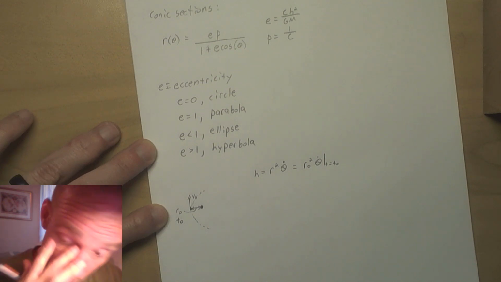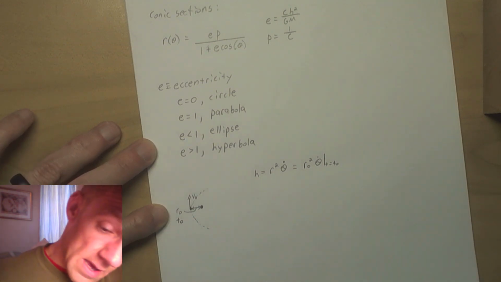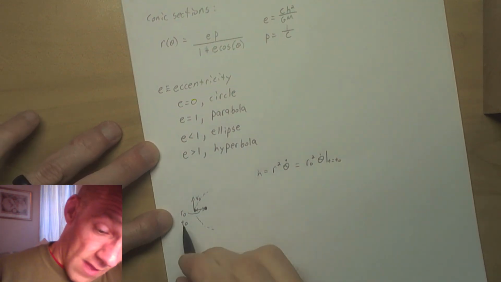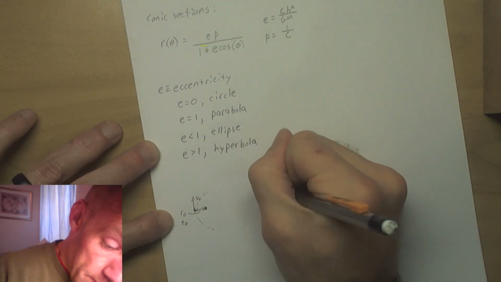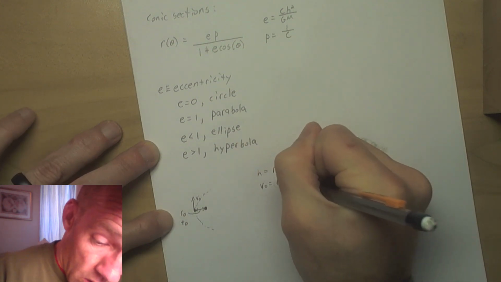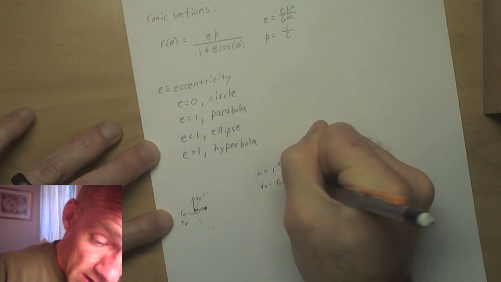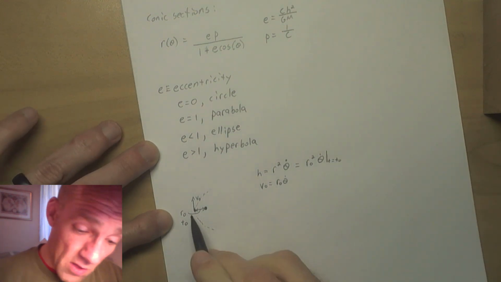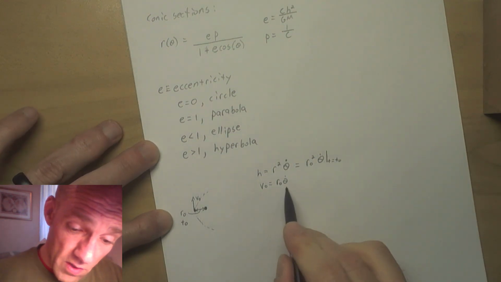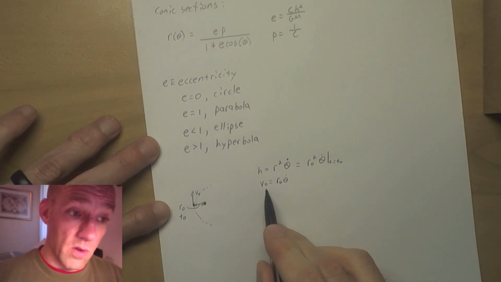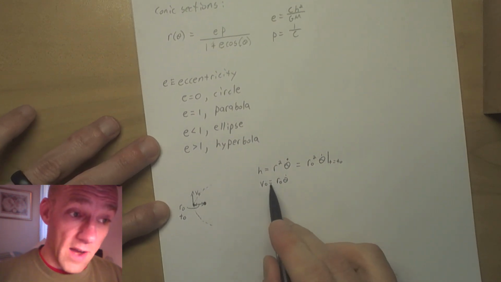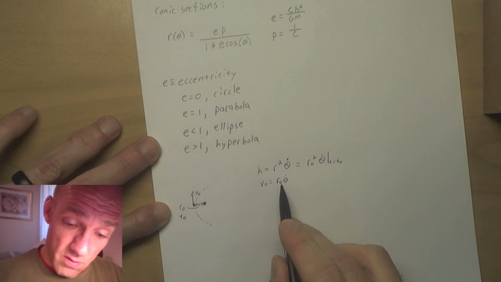I'm just putting that there as kind of a placeholder, because at this point, V naught is equal to R naught theta dot. At this point, this relationship is true. Okay, so theta dot is just V naught over R naught.